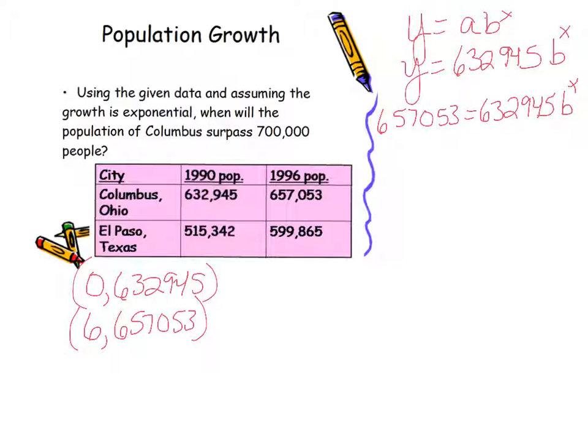I'm going to divide both sides here. I have 1 point, and again, I'm going to round off. I'm going to just write 1.04 is what that is, but I'm going to keep the entire value in my calculator.